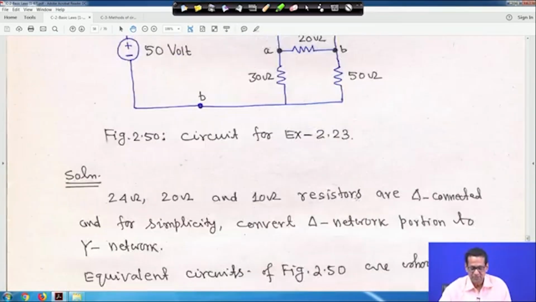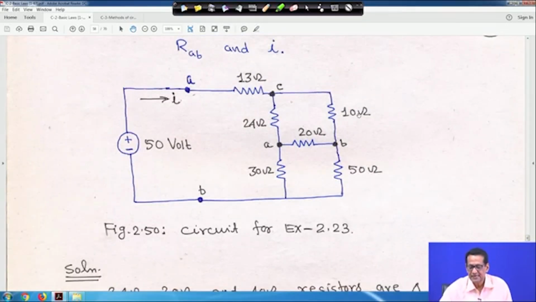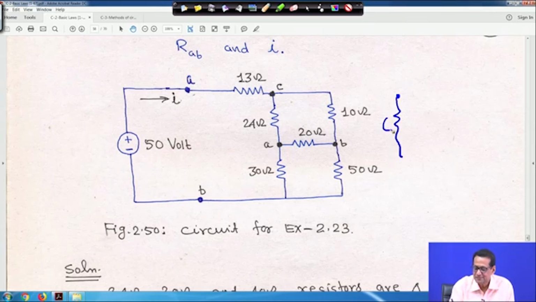24, 20 and 10, this is basically your delta, because C and B, if you make it like this, it is a delta connection. It is made like a square, but it is a delta connection, because here you can make this connection like this. So, only I am drawing this portion, this is C, and these are some terminals.